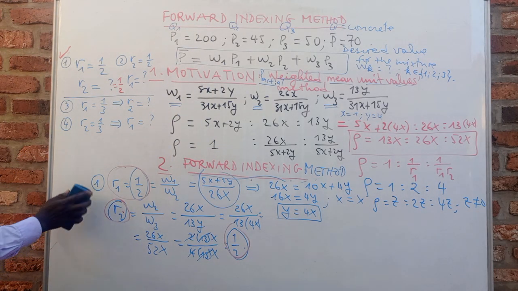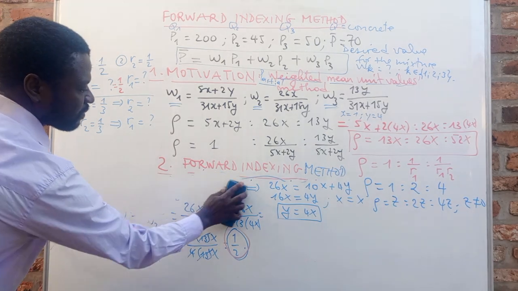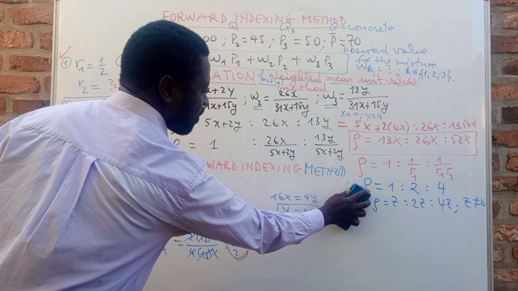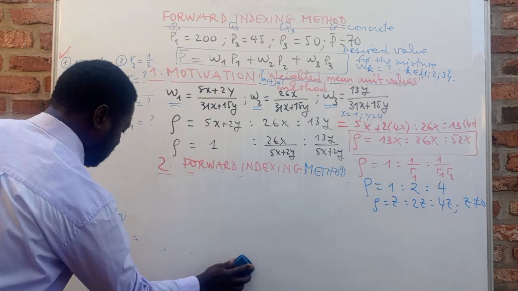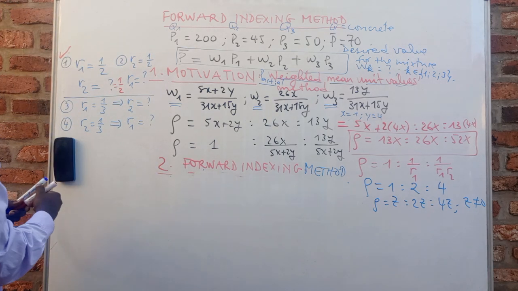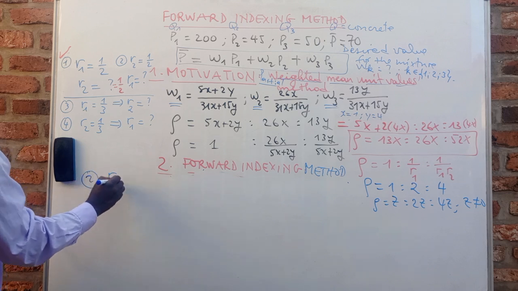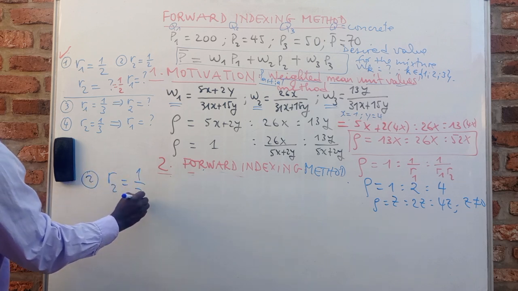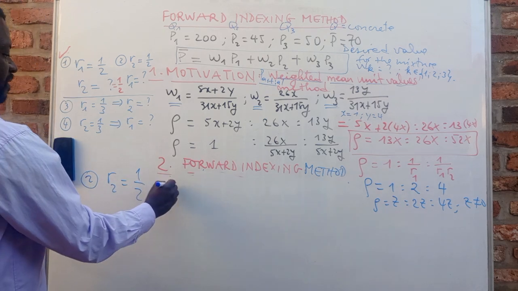So let us answer question number 2. The given value is the second ratio. The second ratio is a half.